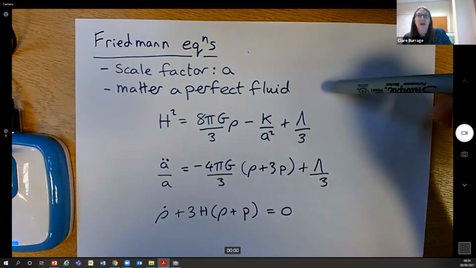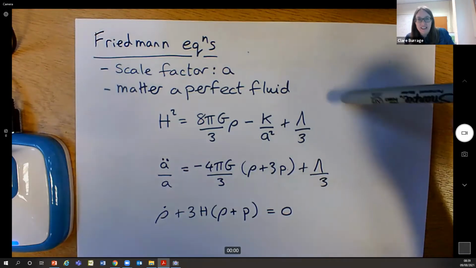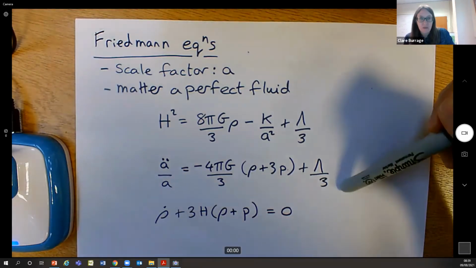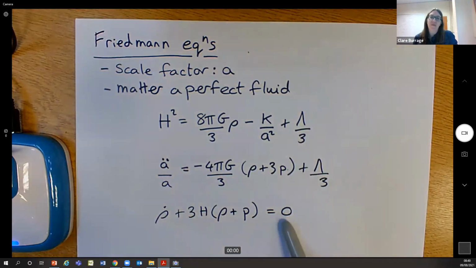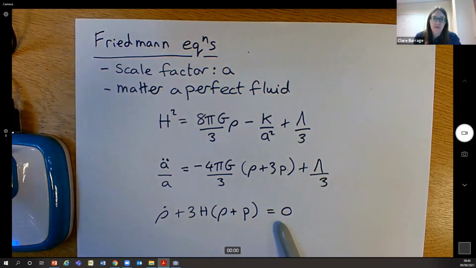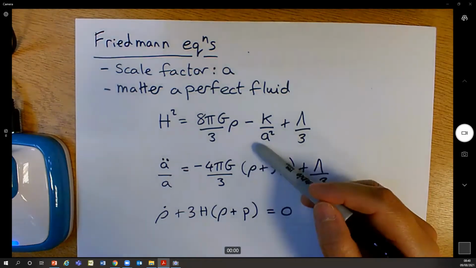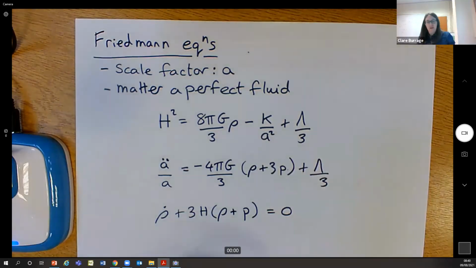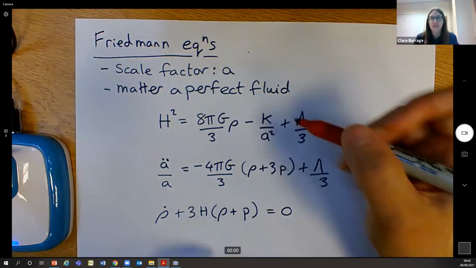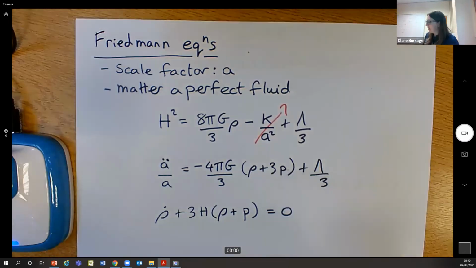We're going to assume that matter is a perfect fluid, and then these are the Friedmann equations that we get, and our conservation of matter becomes this continuity equation here. Okay, now although I've written it in for completeness, I'm actually going to ignore the curvature of the universe for the rest of these lectures and set that to be 0, which is currently in agreement with all of our observations.